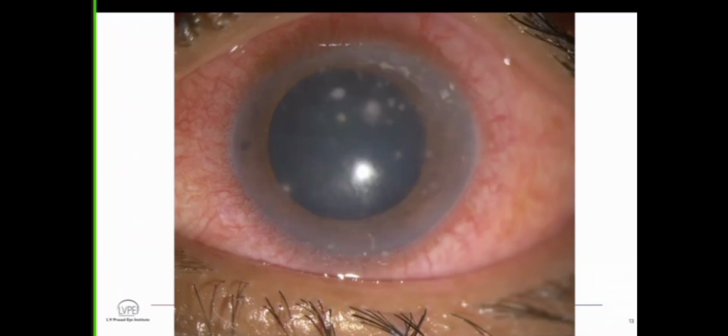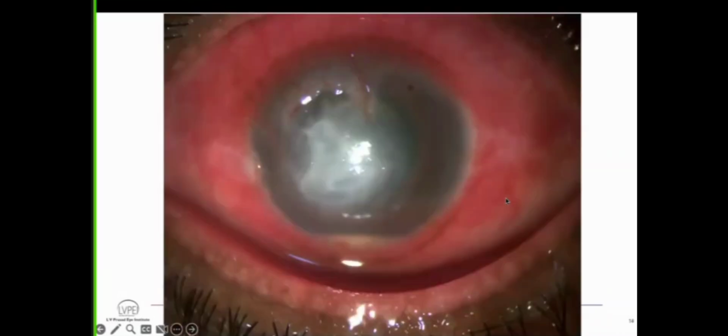Unless there is a contamination of the contact lens solution, some of the surface flora, the bacteria which normally live on the ocular surface, will actually start growing in the microabrasions that the contact lens is causing while removal or while putting it in repeatedly. So this will cause small areas of infection, which will appear a little bit different from the dramatic pictures which were there in the previous slides.